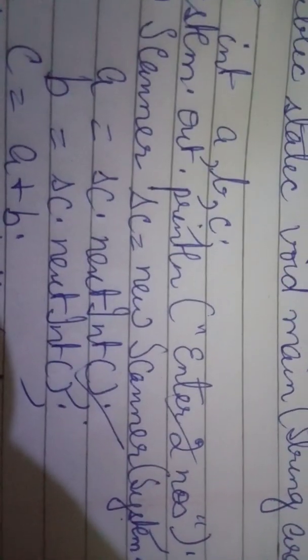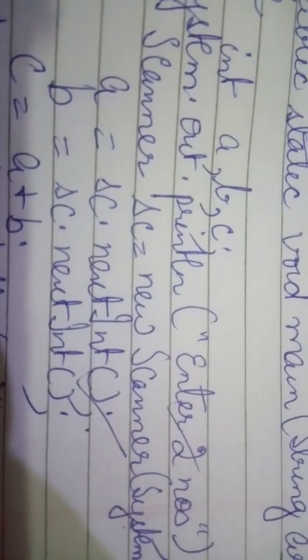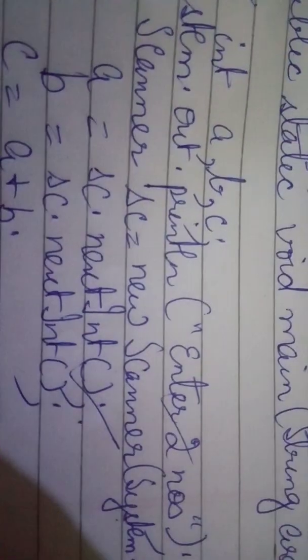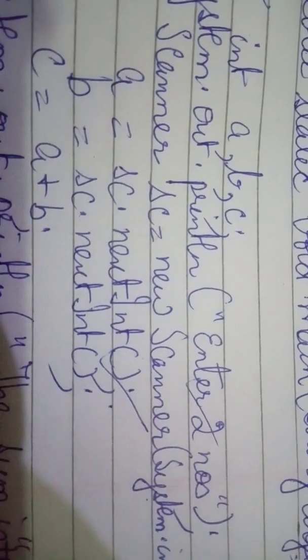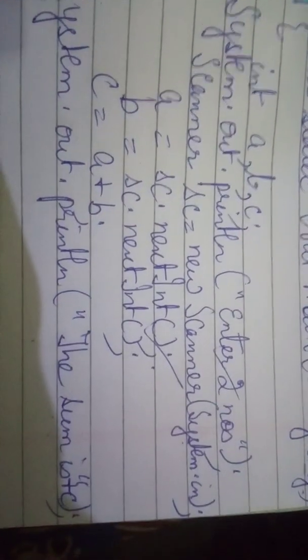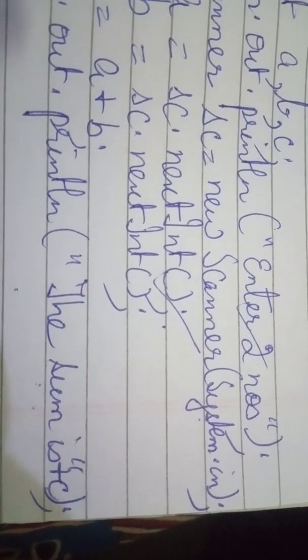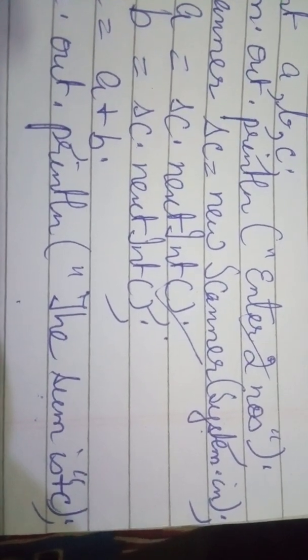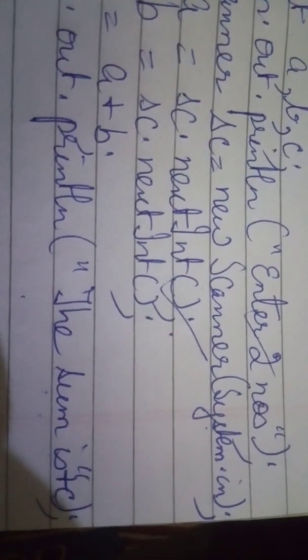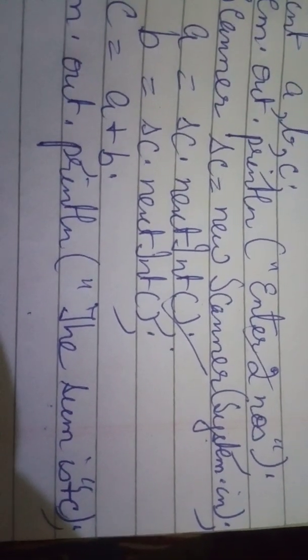How do we come to know it's a function? Because of the parenthesis. Similarly in b also we are taking input. Then c = a + b. System.out.println is going to print the sum is plus c. The sum is a message in inverted commas, plus c is going to print the answer of a plus b. Now since we have opened two curly braces, one for the class, one for main, we are closing one for main, one for the class.